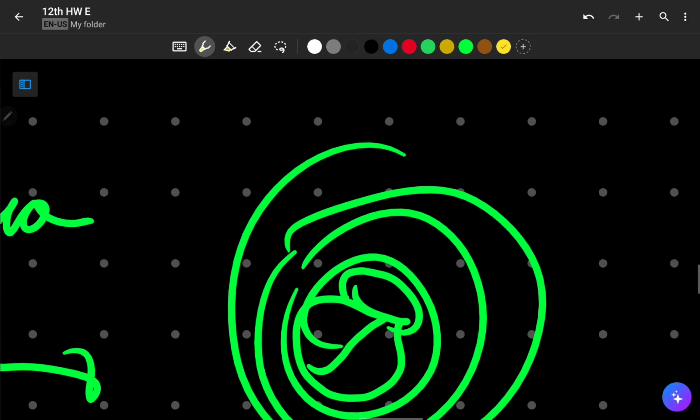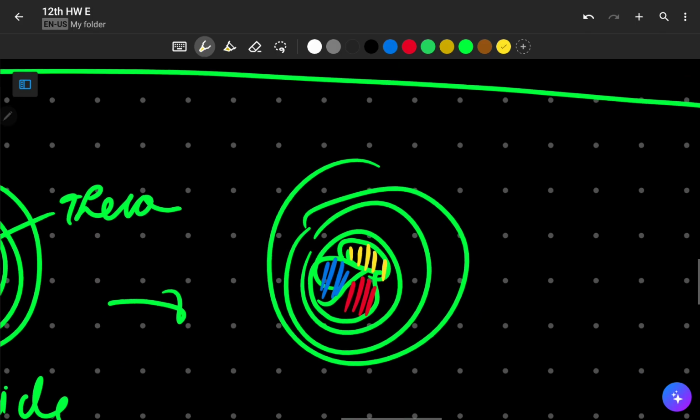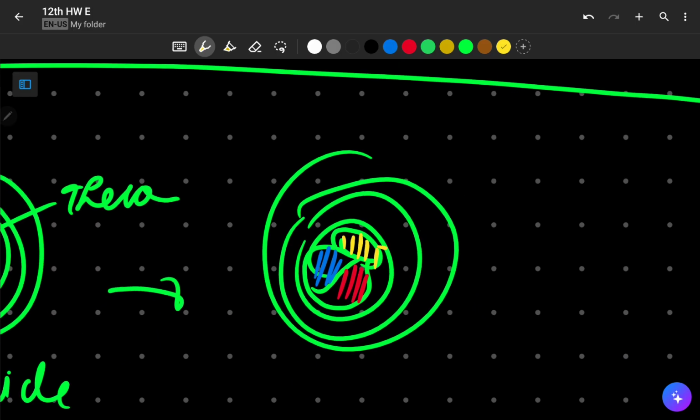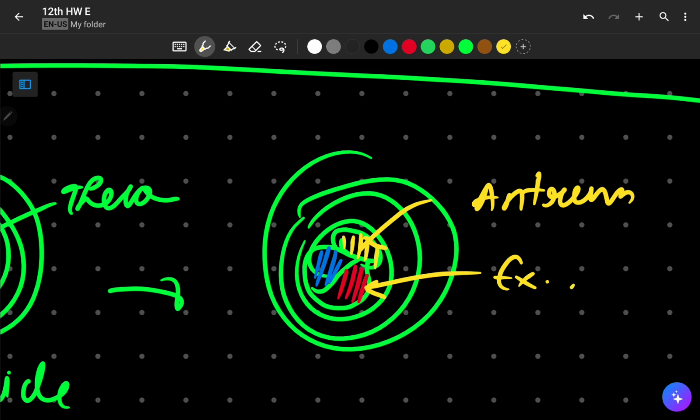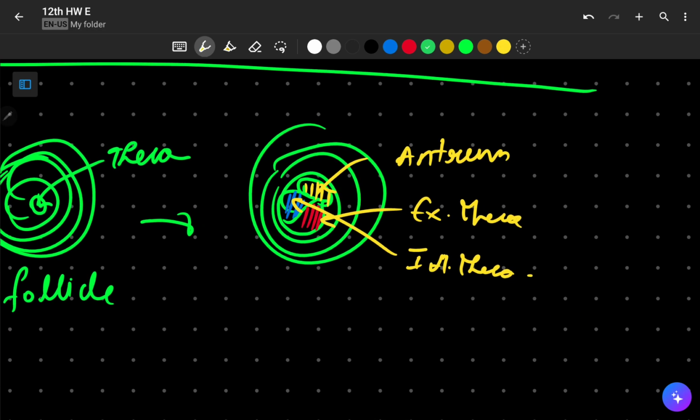So for example, if this is the antrum and this is the external theca and this is the internal theca, let's just name it all. So these are the layers of granulosa cells. If this is the antrum, this is for example the external theca, and this is the internal theca, this will be referred to as the tertiary follicle.